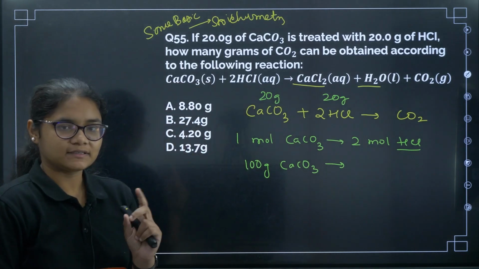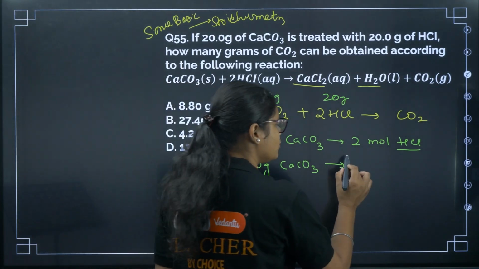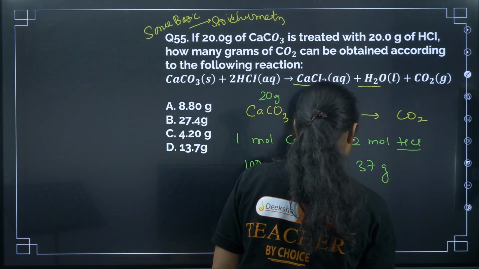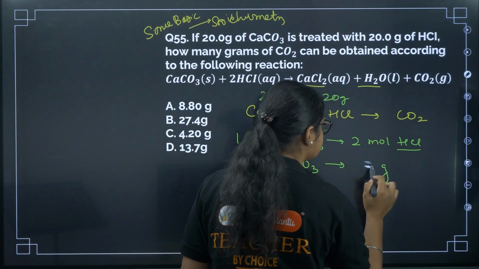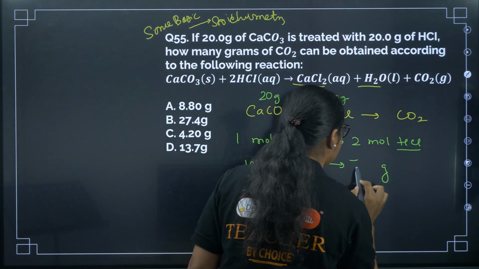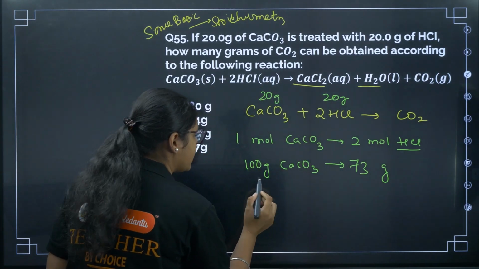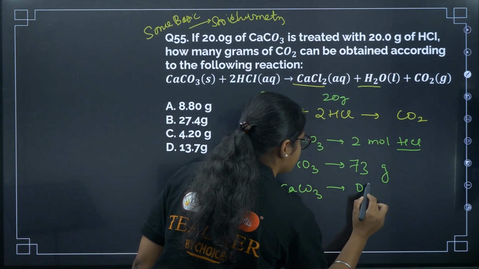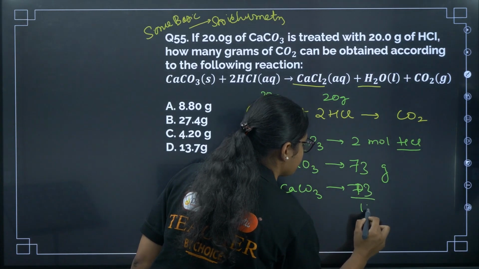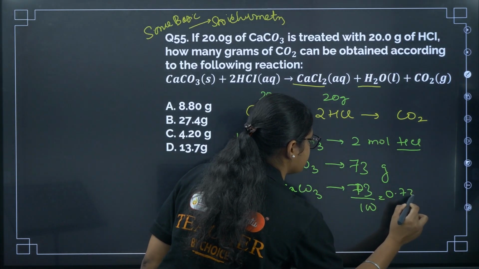HCl mass is 36.5, 36.5 into 2, so that is 37 gram, right? Sorry, 73 gram. So this is your 73 gram. Now that means 1 gram of calcium carbonate will react with 73 by 100, that is 0.73 gram.